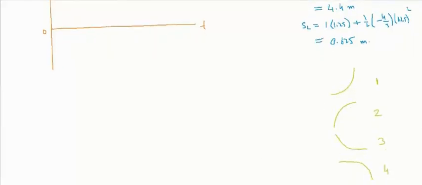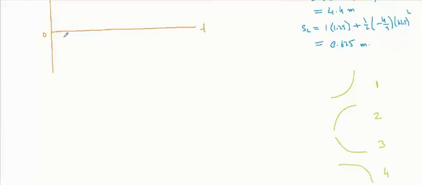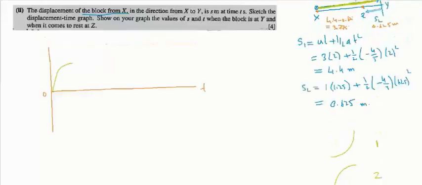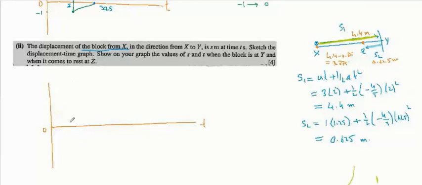Which curve will we draw for the first stage of motion? 1, 2, 3, or 4? 1. 1 is acceleration, but it is decelerating. Oh, okay, so it's 2. Correct. Keeping in mind that the final speed is not 0, we will not make the final curve horizontal, because it didn't come to rest.